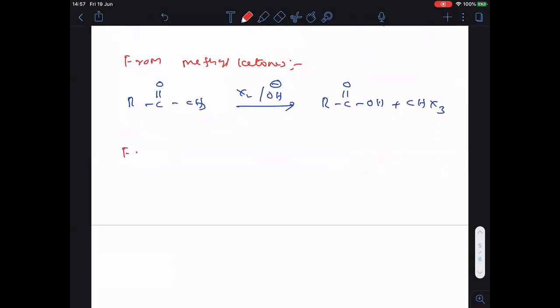Next, preparation method from nitriles. What is the meaning of nitrile? It is a cyanide. The IUPAC name of cyanide is nitrile, remember.